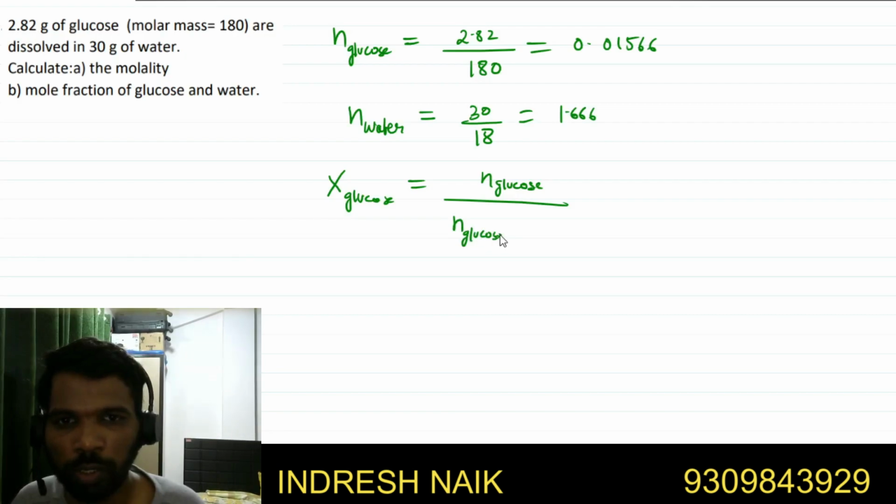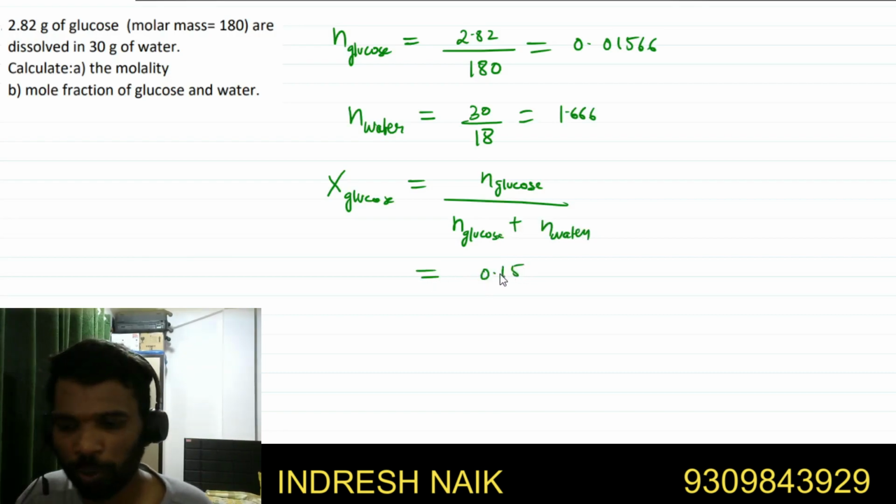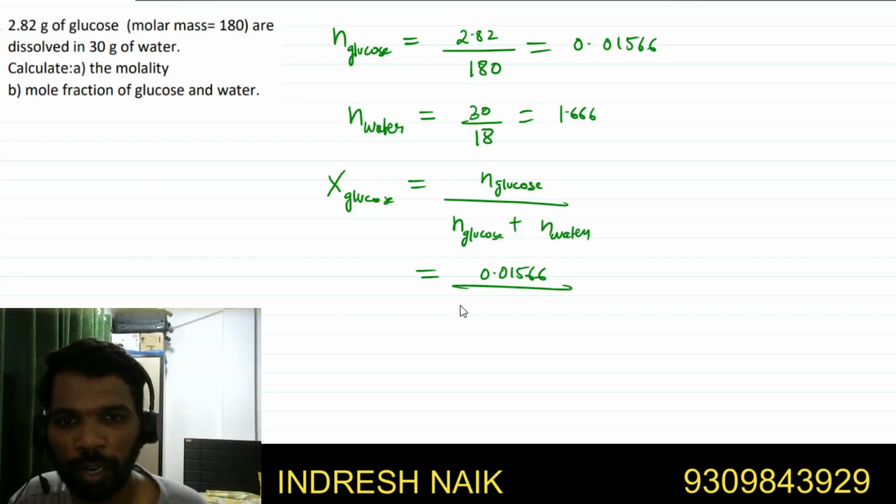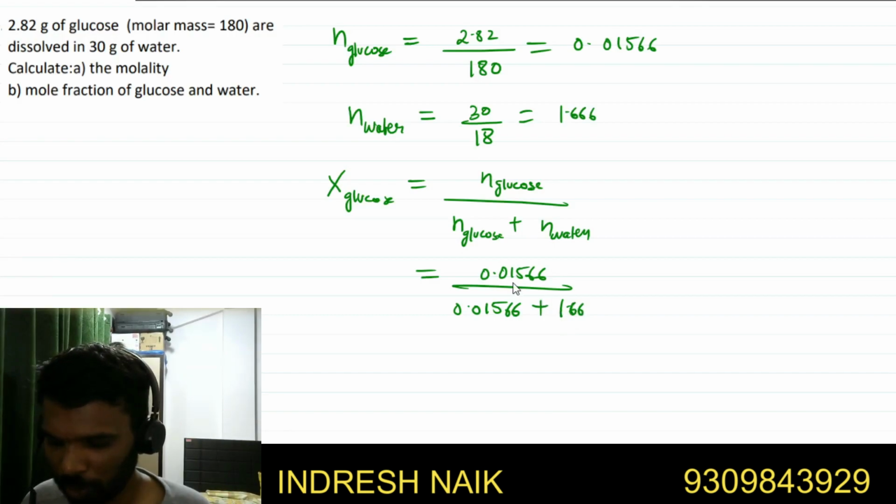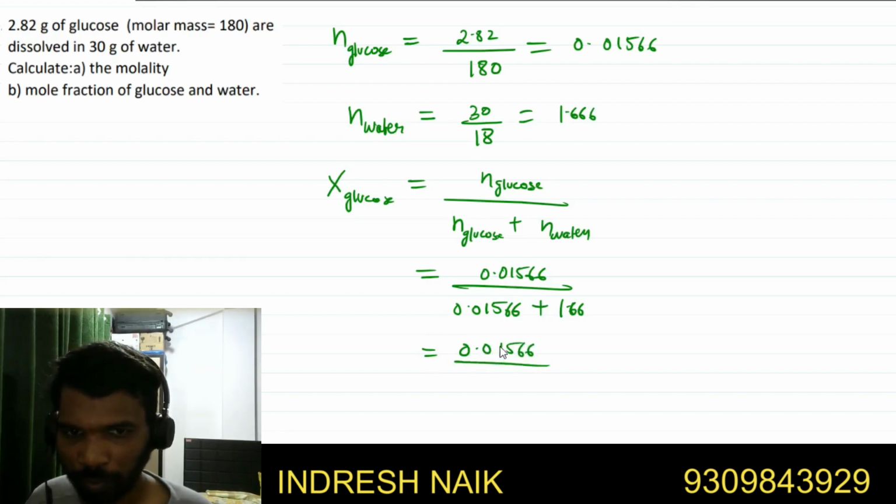So it is 0.01566 divided by 0.01566 plus 1.66. So the answer is here.